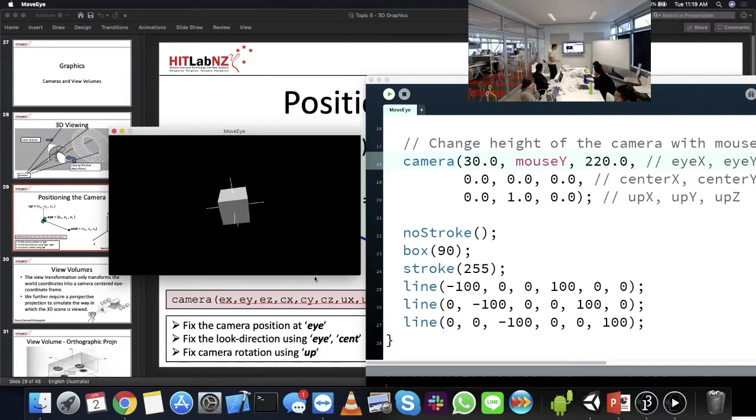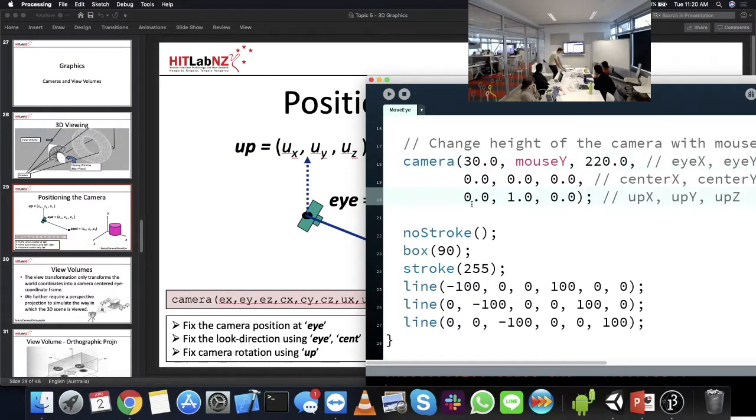So when we get to Unity coding, there is actually a function in Unity called lookat that takes these two parts of the coordinates. You set your camera position, and then you call camera.lookat, and you give it the position it should look at and the up vector.